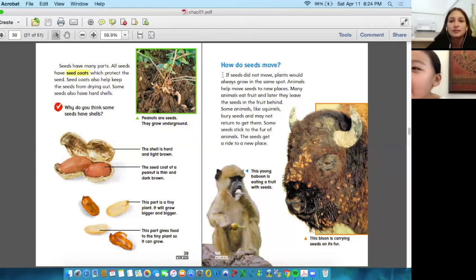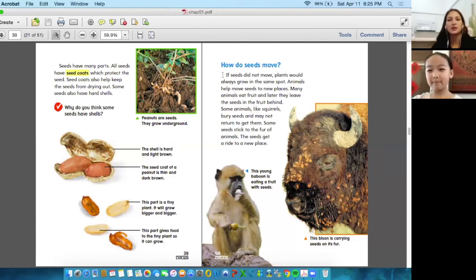Some animals like squirrels bury seeds and may not return to get them. Some seeds stick to the fur of animals. The seeds get a ride to a new place.